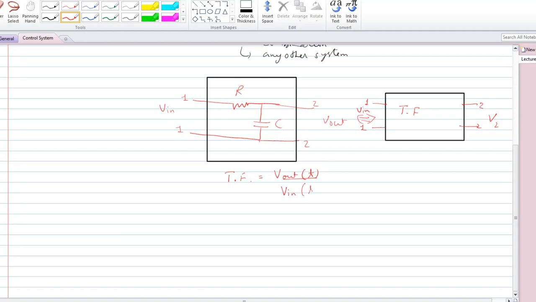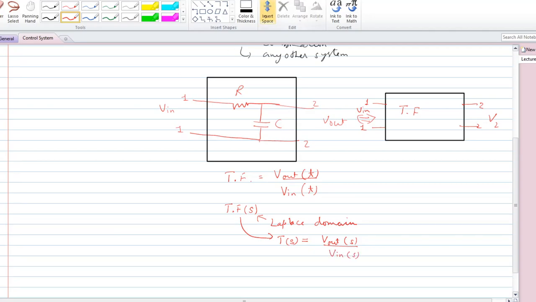It is the ratio of V out by V in. Or if we write its transfer function in terms of S domain, that is nothing but its Laplace domain, then we can write this T(s) is equals to V out(s) divided by V in(s).